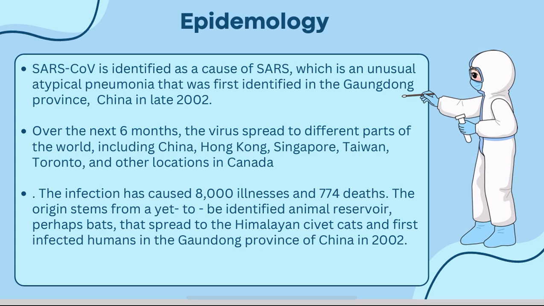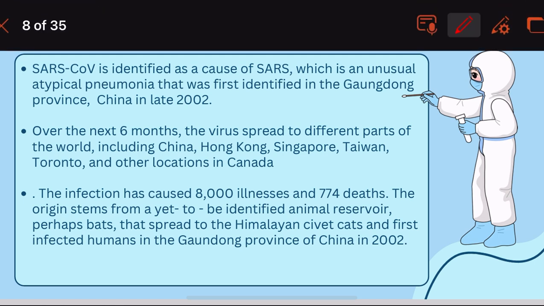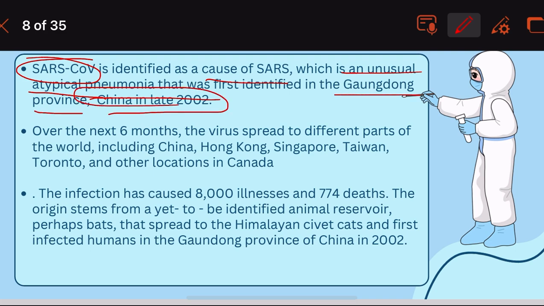Moving further to the epidemiology. SARS coronavirus is identified as the causative factor of SARS. SARS coronavirus is the cause of SARS, which is an unusual atypical pneumonia that was first identified in the Gurgaon province in China in late 2002.